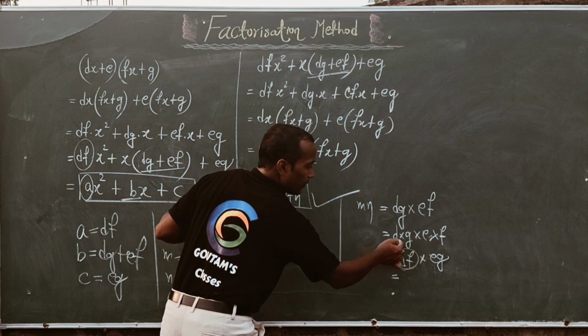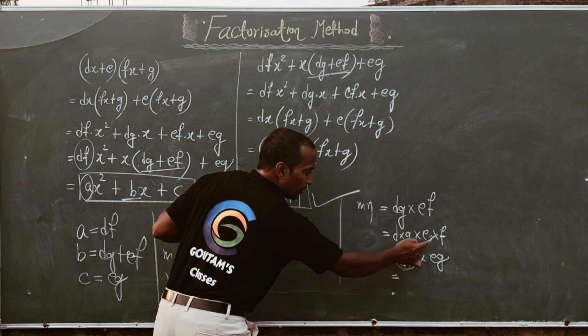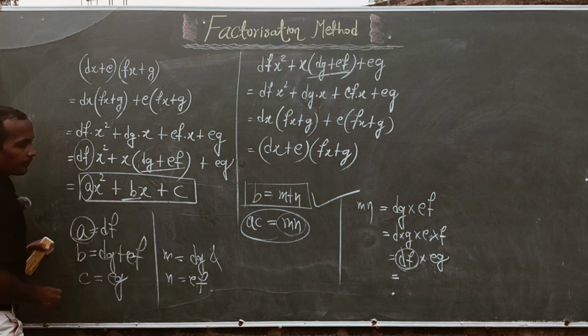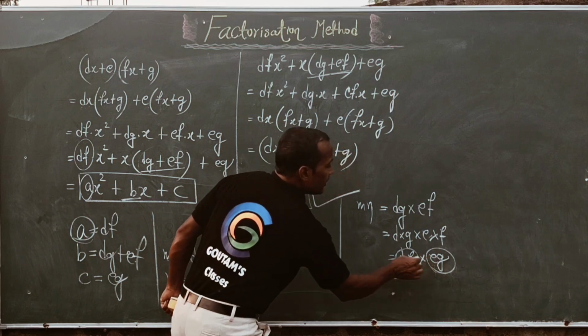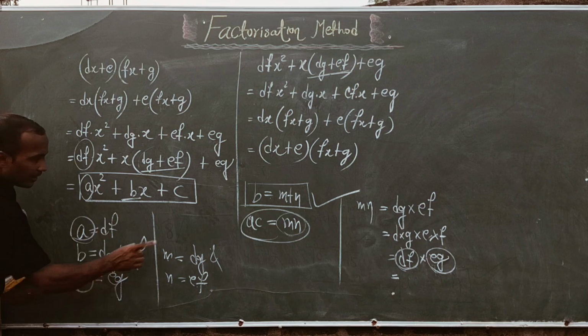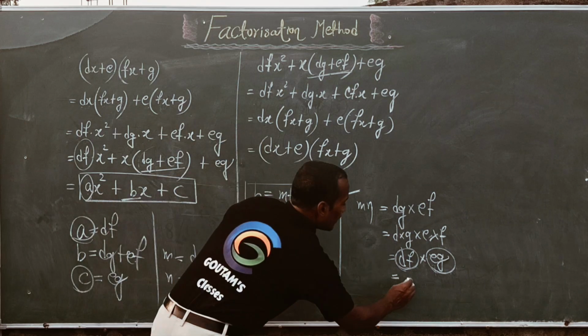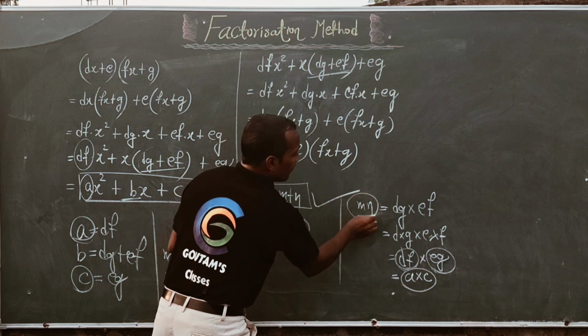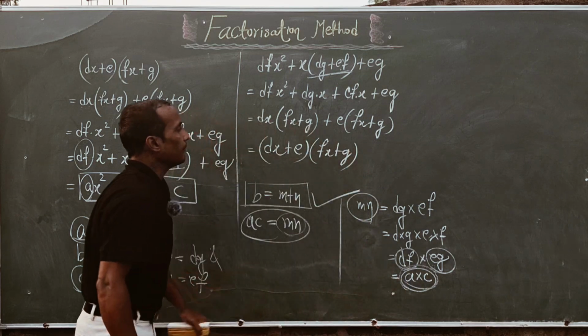I wrote it like this. Then I interchange between the factors, and you can see that df is nothing but a and eg is nothing but c. C is eg, A is df. So in place of df I will write a, in place of eg I will write c there. a into c. Clear? So the product of m and n is a into c.